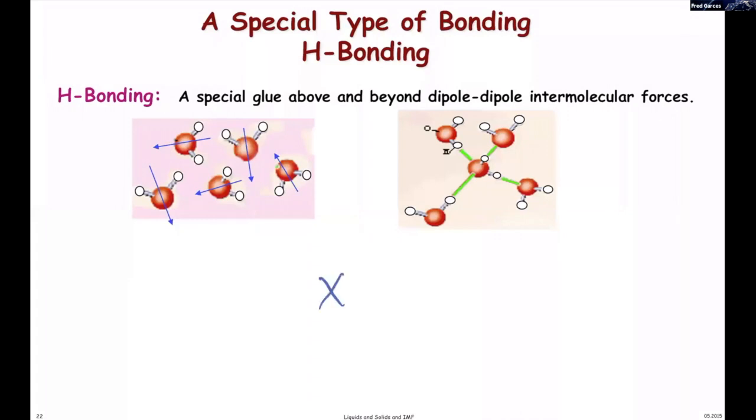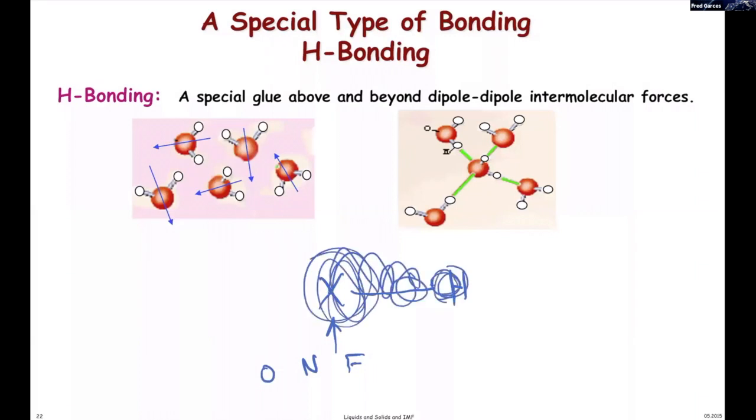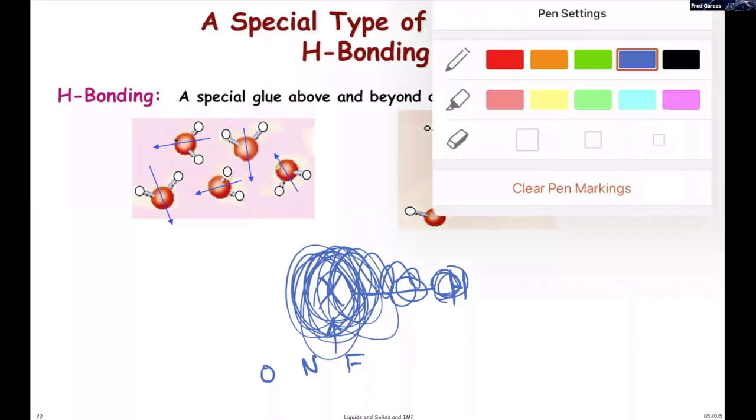This might be fluorine or nitrogen or oxygen. It's attracted to hydrogen, it's bonded to hydrogen. Because it's such a strong electronegative element, almost all the electron density is going towards that very electron rich atom. And so I like to draw my electron cloud like that.